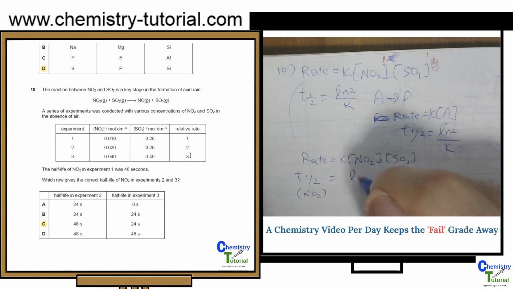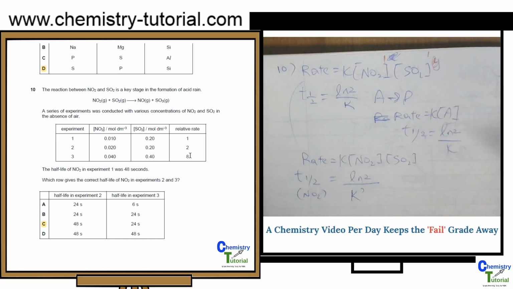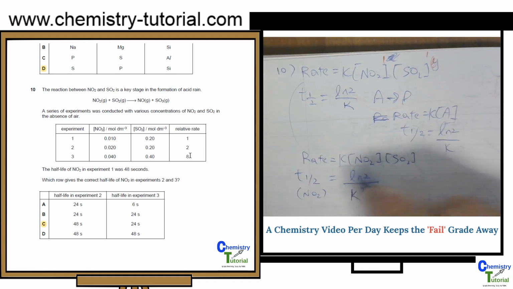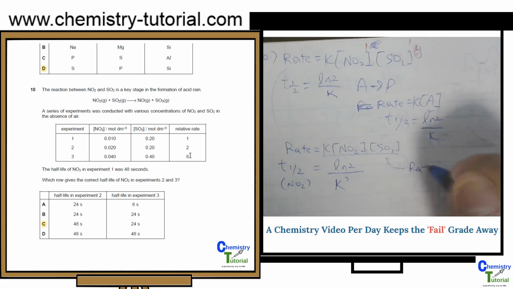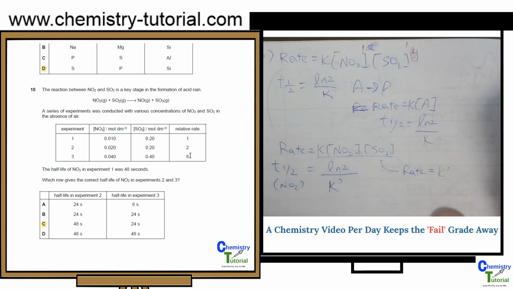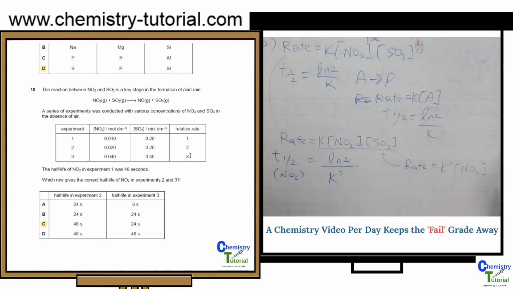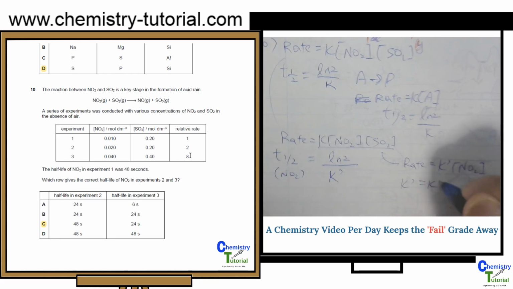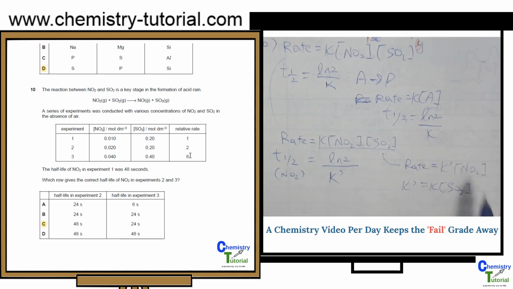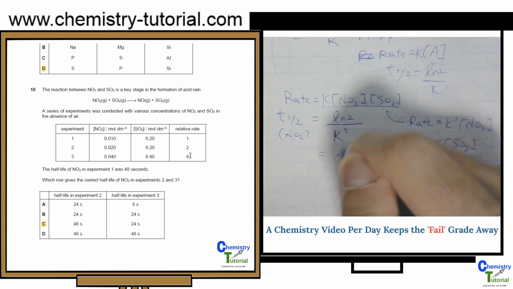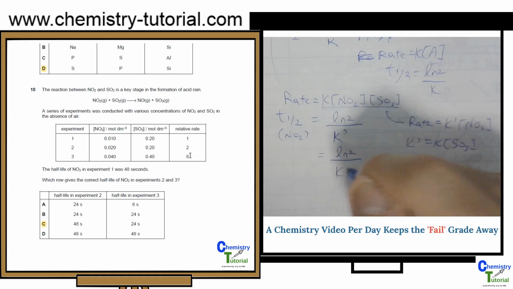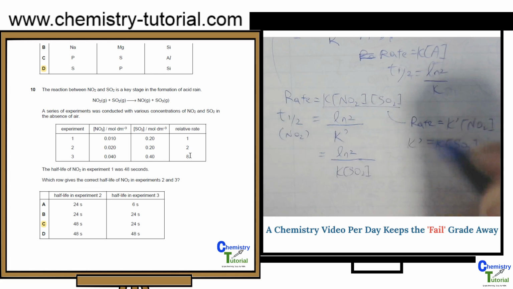So what we have is ln 2 over K prime. Let me rephrase this again. You can re-represent this as rate equals K prime [NO2], where K prime is actually K times the concentration of SO2. So now, we replace this K prime with ln 2 over K times the concentration of SO2.